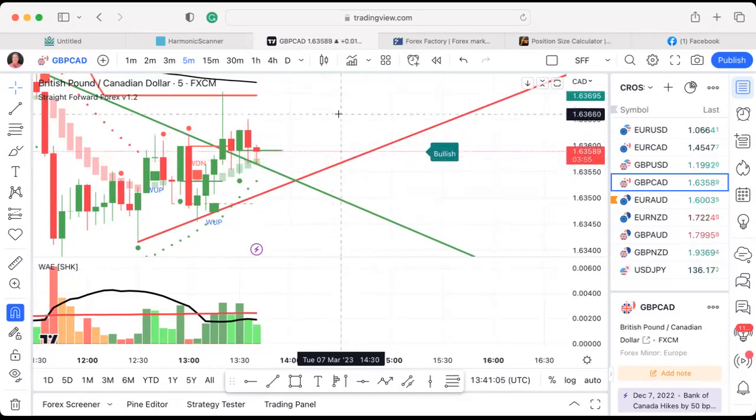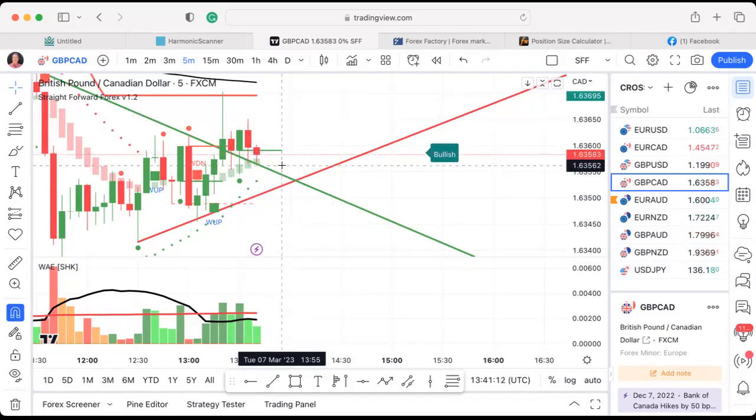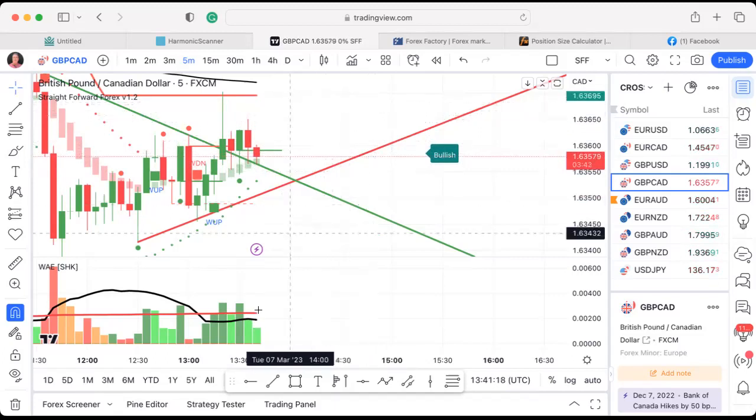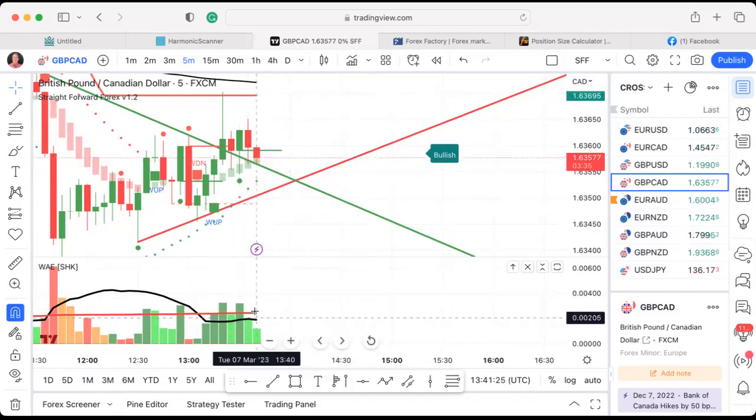So this pair, GBP CAD, is not doing anything. It's starting to move sideways. It's broken above the green line, but it's not going anywhere. There's not a lot happening here either. The black line, which is my explosion line, is below the dead zone, and therefore I would not consider getting in.